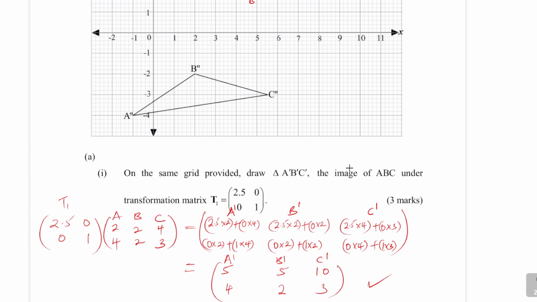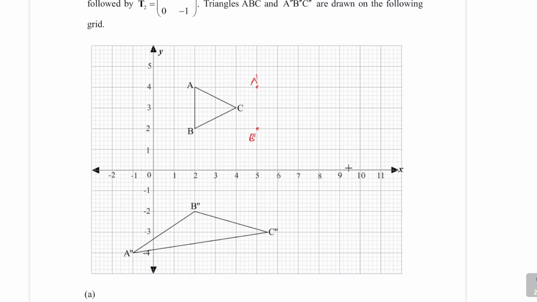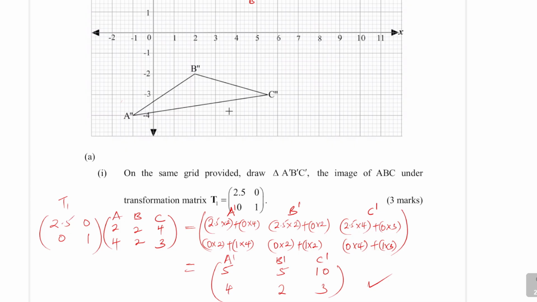And then C prime will be 10, 3, and it will be there. Then you join these using a ruler. So join the points, and there you have the triangle.